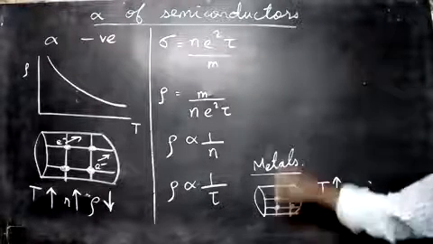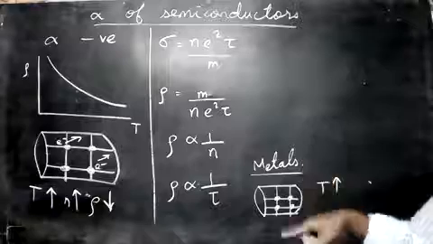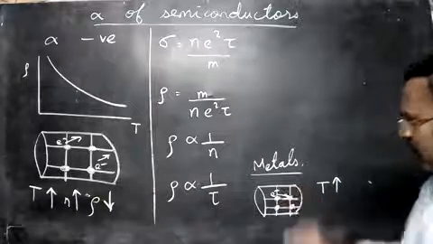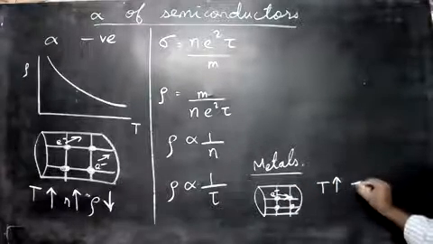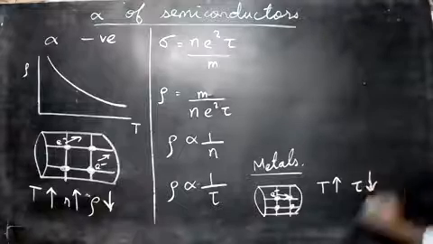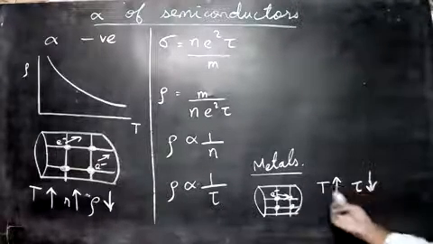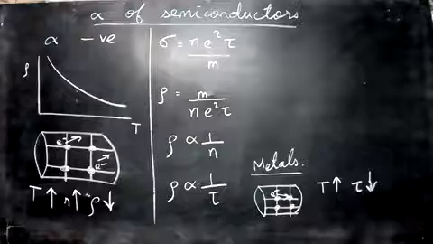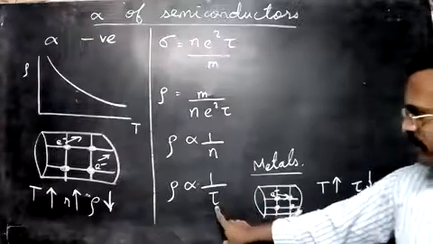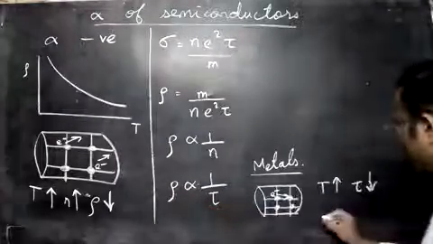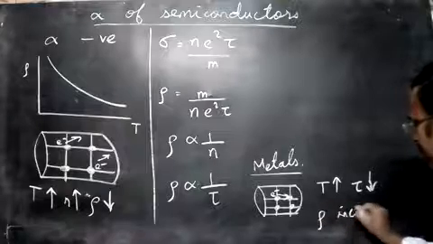Electrons will move faster; the kinetic energy of electrons will increase. So an electron will go from here to this part very fast, and the time between collisions will decrease, because electrons get more energy and travel faster. And if the time between collisions is less, resistivity will increase. So we can say resistivity increases here.